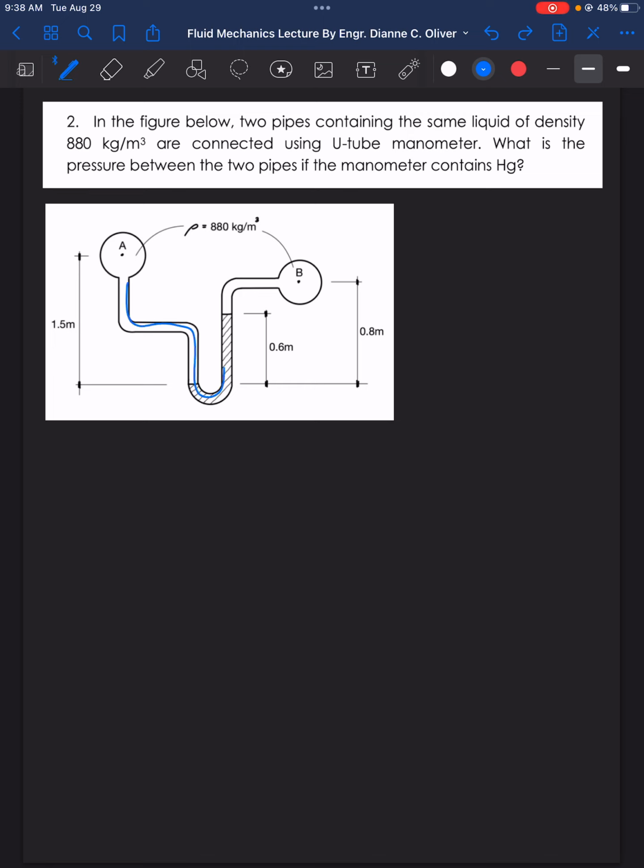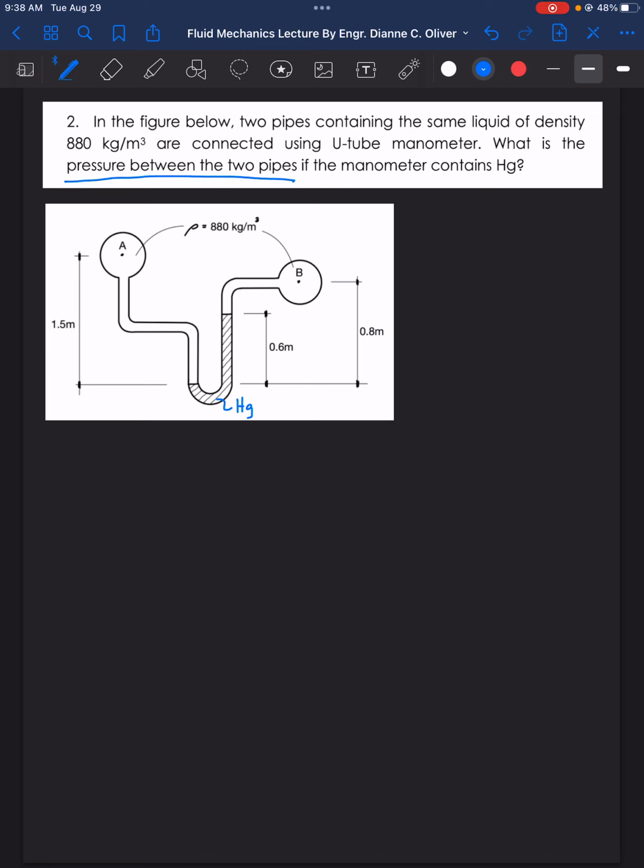So this is our tube, and they are connected with it. What is the pressure between the two pipes if the manometer contains mercury? So this is the mercury part. So it contains mercury. How do we determine the pressure between the two pipes?